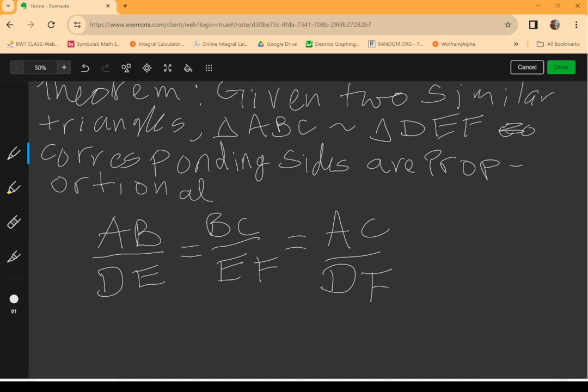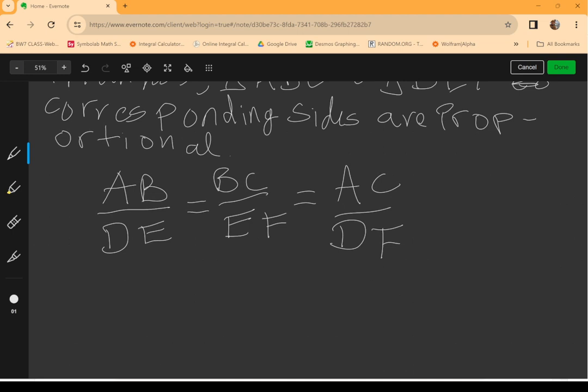As always, the order that you write this similarity statement is important, because it gives me the corresponding sides: AB, DE, BC, EF, etc. So that's how the sides are related. They're not congruent, but the ratio of the corresponding sides is equal to the other ratio of the corresponding sides. And as always, for these proportions, the reciprocal also gives me a true statement.